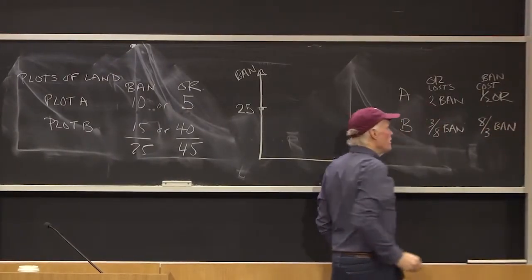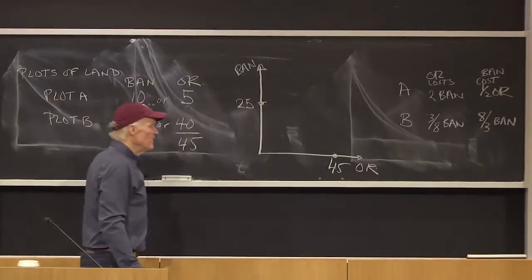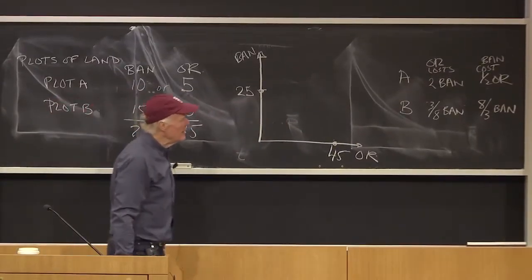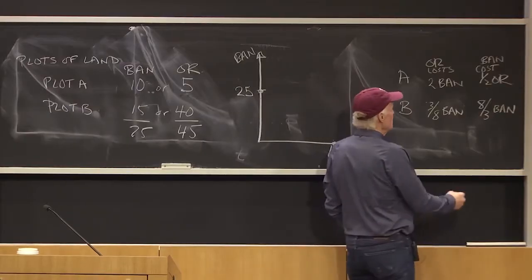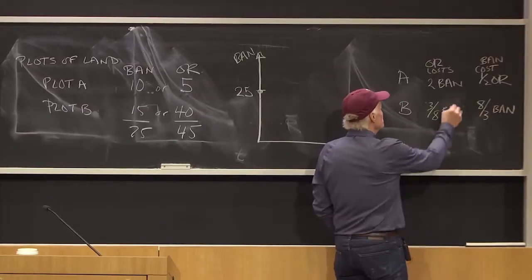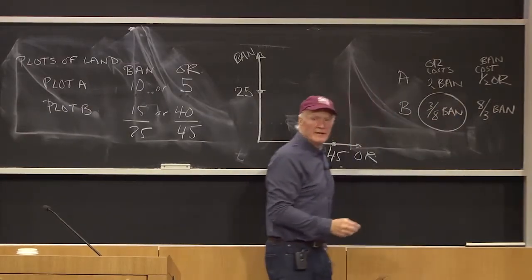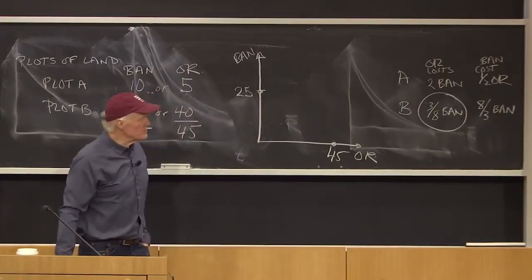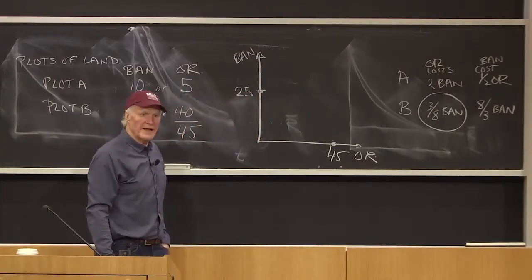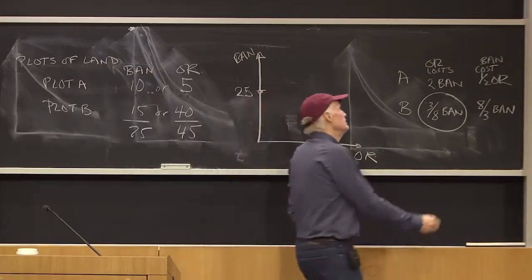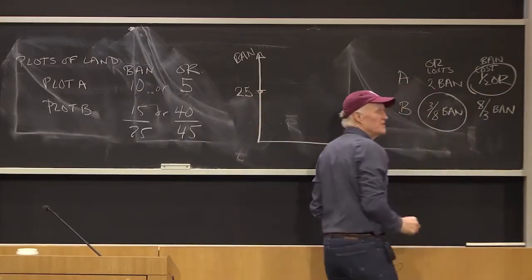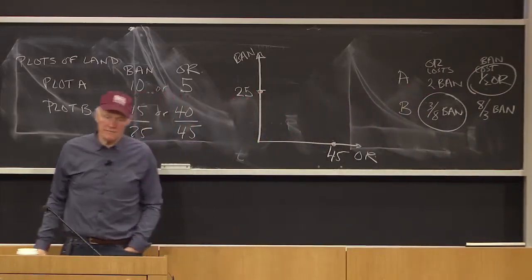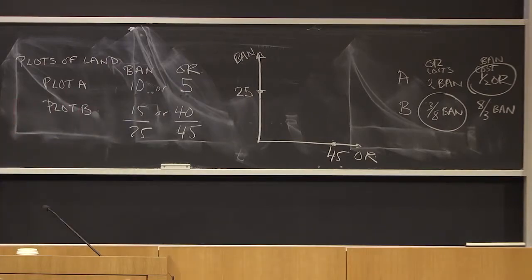So when I look at this as an economist, I would say, who's the low-cost producer of oranges? B. Low-cost producer of oranges. Who's the low-cost producer of bananas? Well, 1/2 is less than 8/3. Right? Those are my low-cost producers of each of the products.